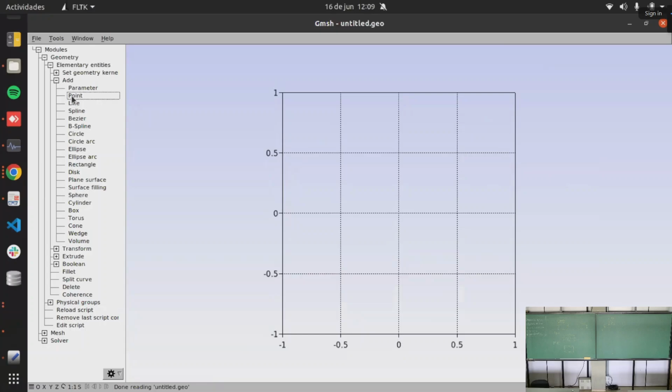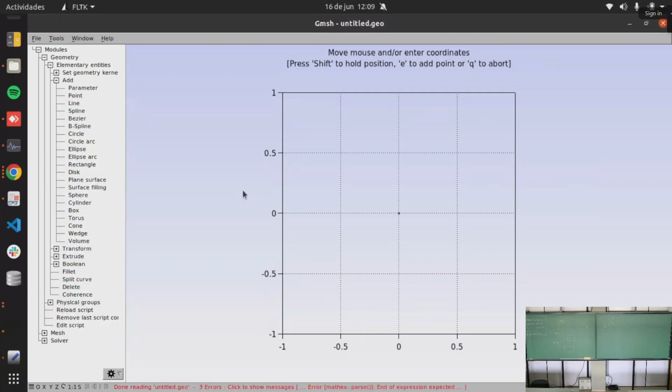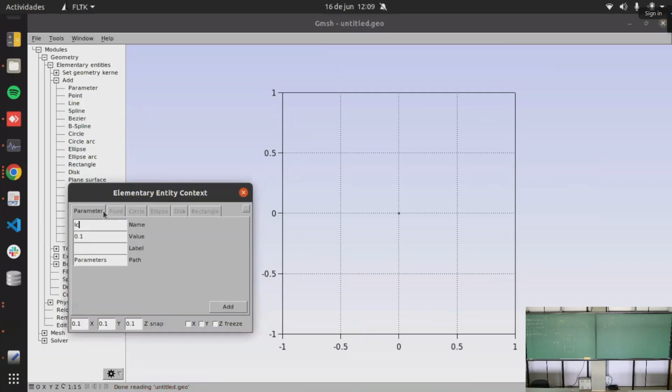So we have to add a point, the center of the circle, and after that, the points. Maybe we want to do this by adding a parameter that will be the radius of the circle. We will set it to 1.